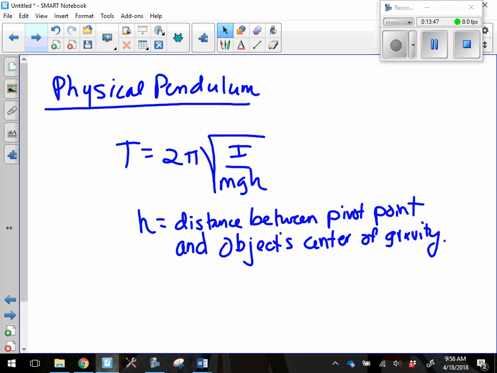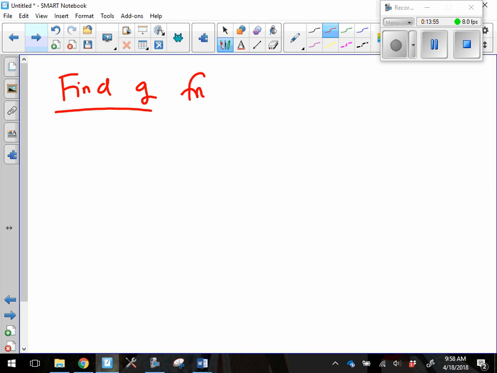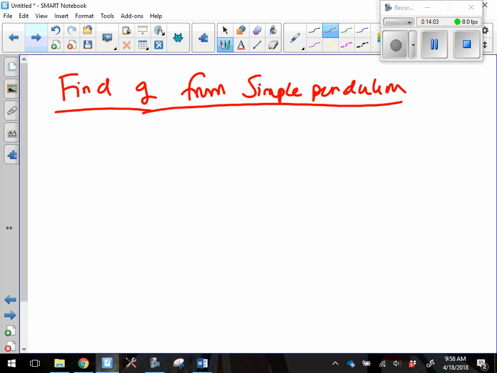Okay, so as I said, you can in fact find the acceleration due to gravity on a planet using a simple pendulum. You could find it using a physical pendulum too, but it makes it harder. So your planet, you have crash landed on a planet, you need to get off.